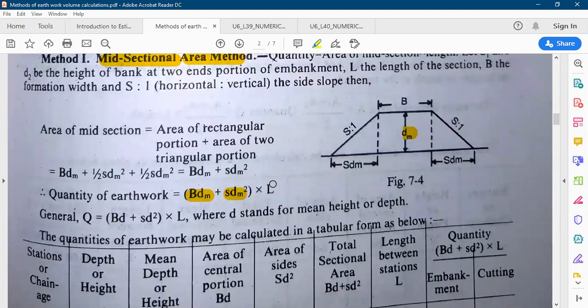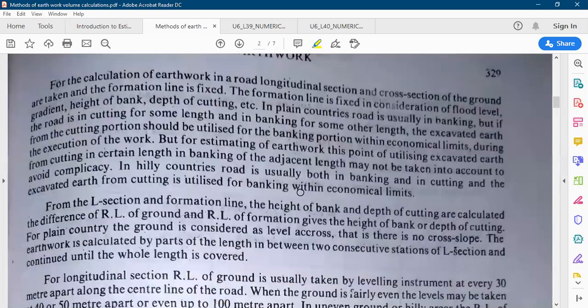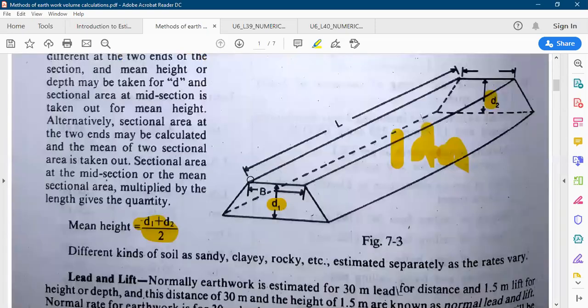So that mid sectional area is multiplied with the length between two stations. This is the length. That means we can get the complete volume required between these two stations. This is the average depth, and this is the total length, right. Using this average depth we can calculate the mid sectional area.